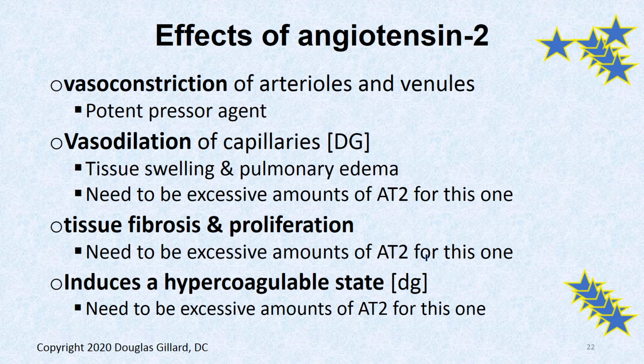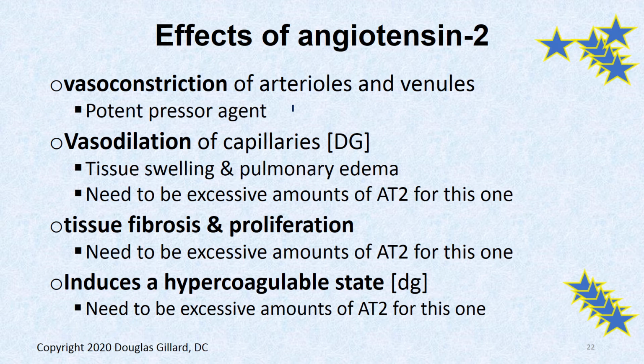Okay, so what does angiotensin do? Oh my God, we're going to be talking about that next week as well. But they vasoconstrict, right? Because remember our scenario, our person is bleeding, so they do hit the arterioles and venules. They're a potent pressor agent, and by squeezing the pipes and closing the diameter of the blood vessels, it's going to increase the blood pressure.